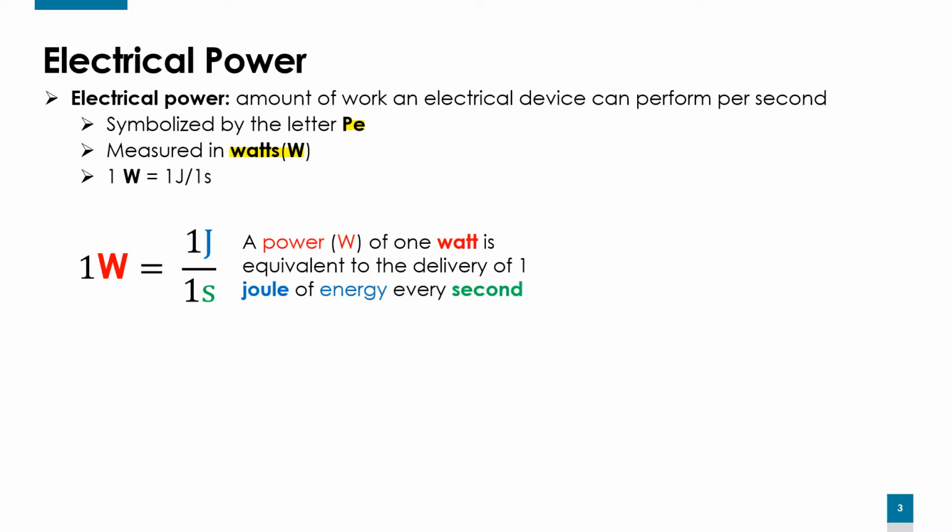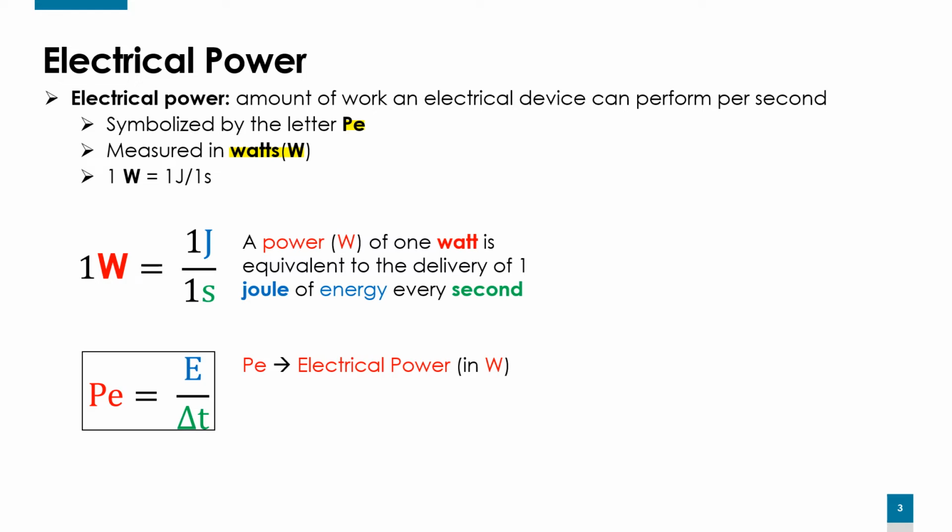So how much the energy has been transformed. A power of 1 watt is equivalent to the delivery of 1 joule of energy every second. So if I have a device that has just 1 watt, it means it delivers 1 joule of energy per second. And now how do I make this formula?